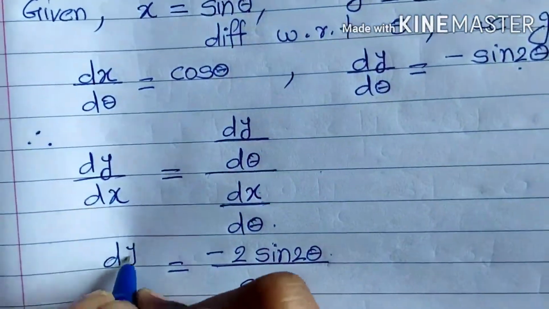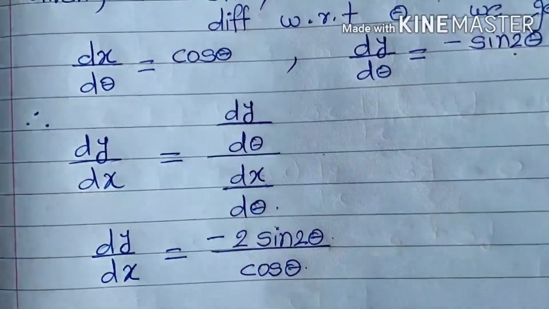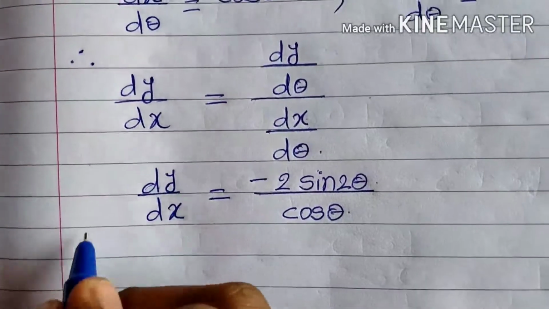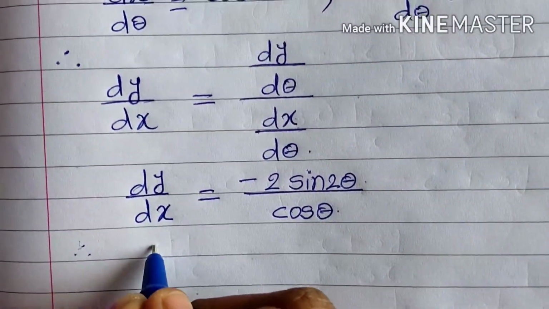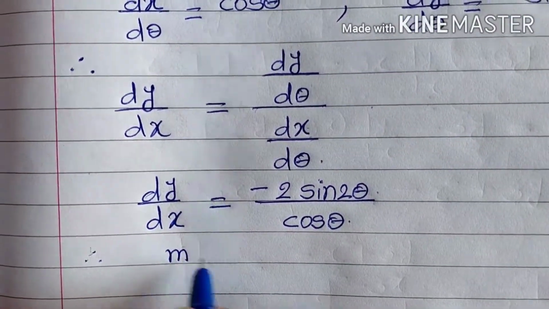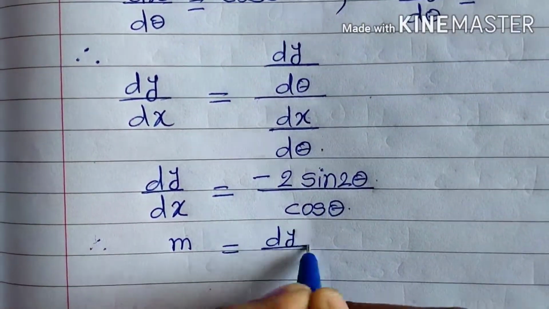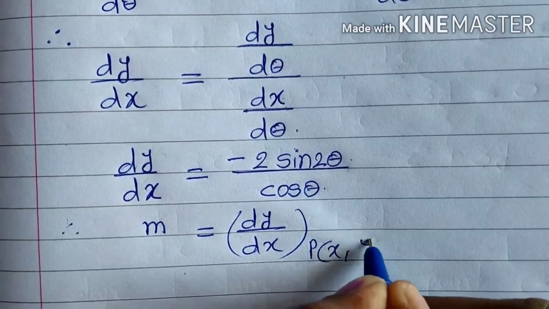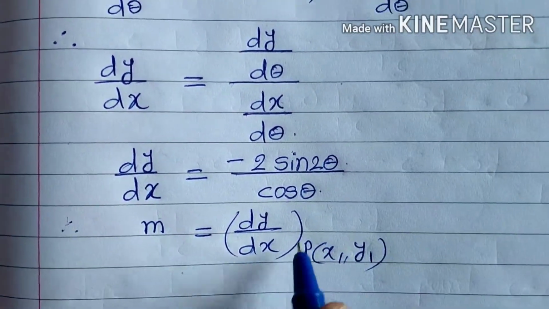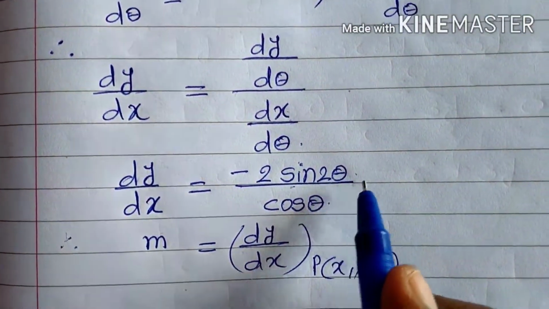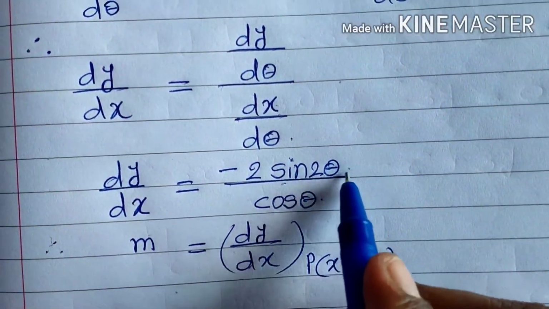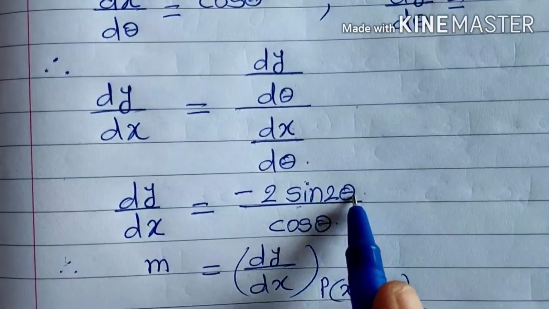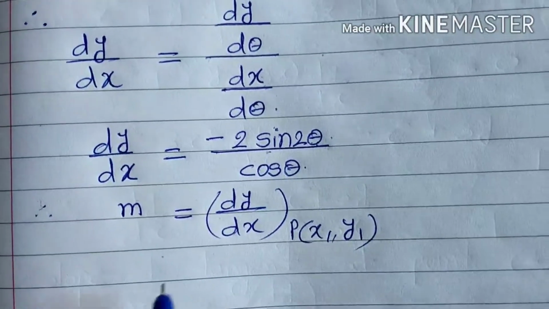So it is dy upon dx. Now here we want to find the slope of tangent. So therefore m is equal to dy by dx at point x1, y1. But here x1, y1 is not present. Here theta is present, where theta is the parameter. So we have to put here the value of theta, which is equal to pi by 6.